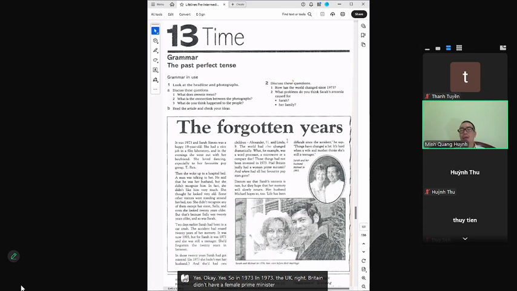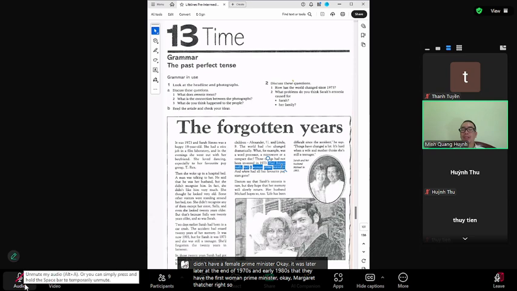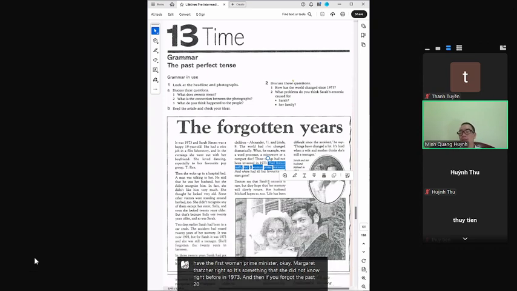It was later, at the end of the 1970s and early 1980s, that they had the first woman prime minister, Margaret Thatcher, right? So it's something that she did not know, and if she forgot the past 20 years, she doesn't remember.